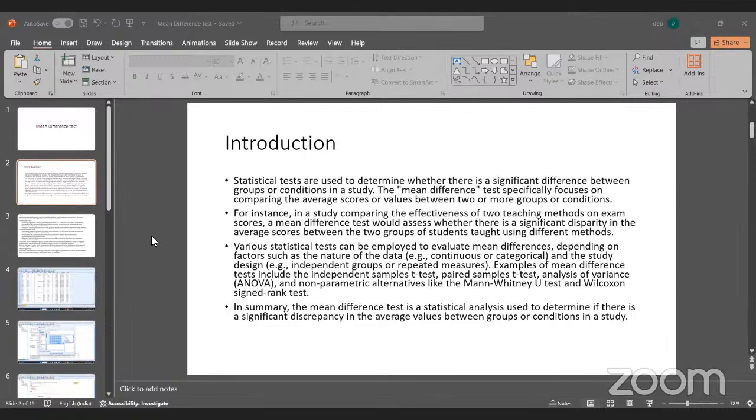In case of the paired sample t-test, the assumption is that the data were collected twice from the same sample within a specific interval.